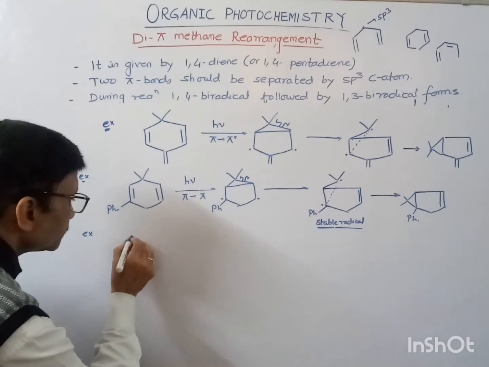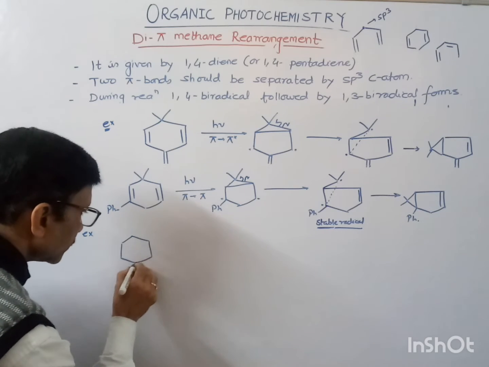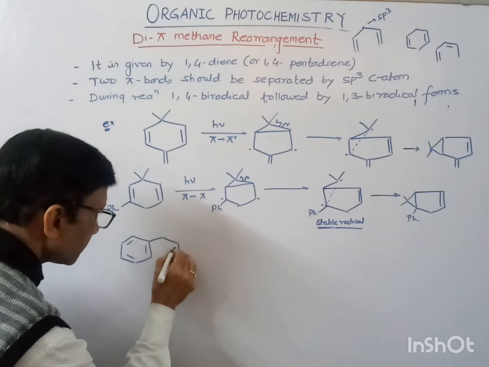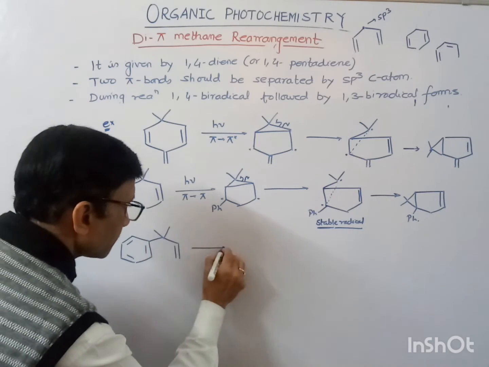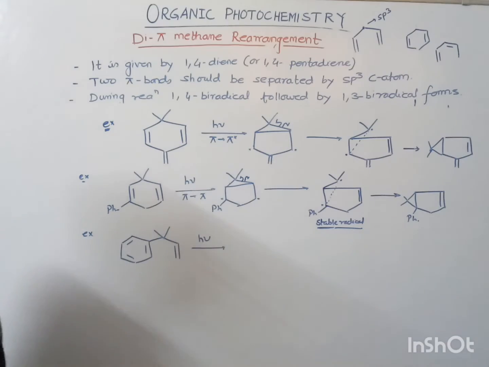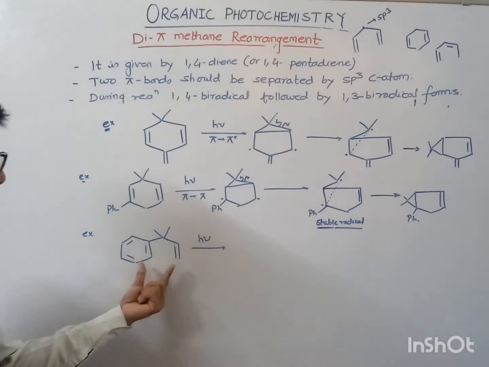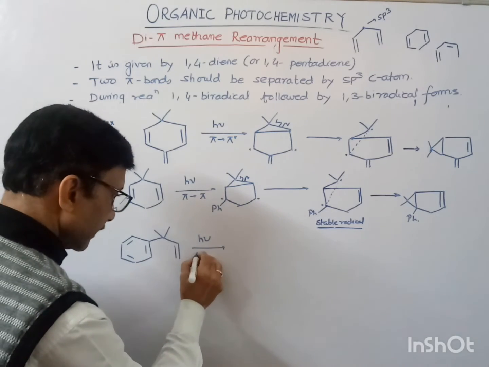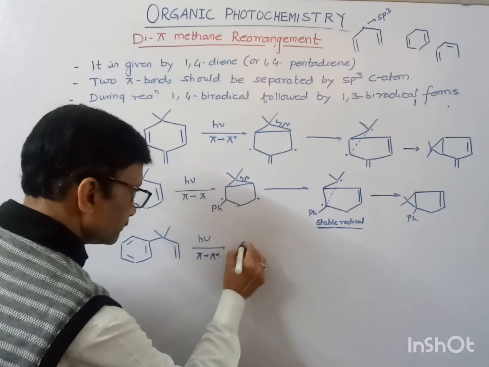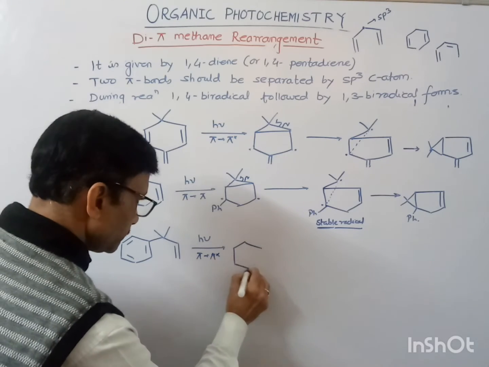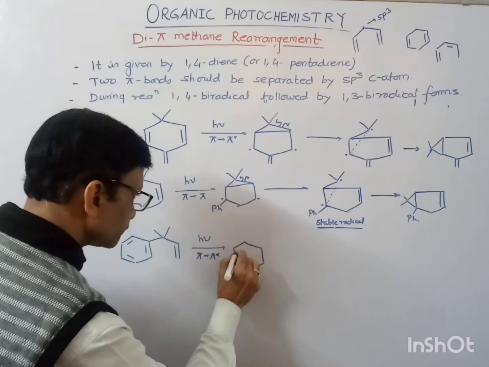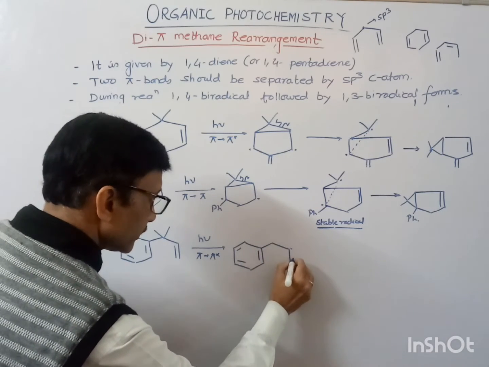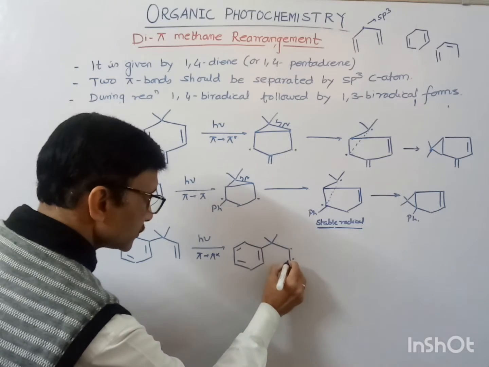Now the next question. If we take this one, this is also a case of cyclic diene, and here after this pi to pi star, we may write that this is the excited pi state.